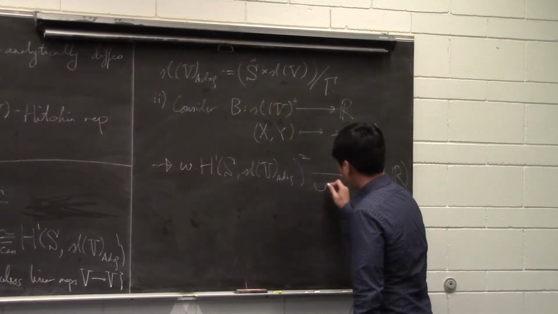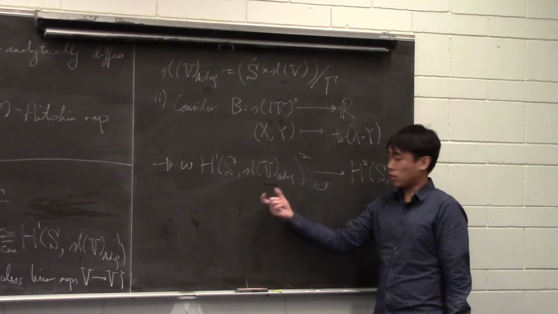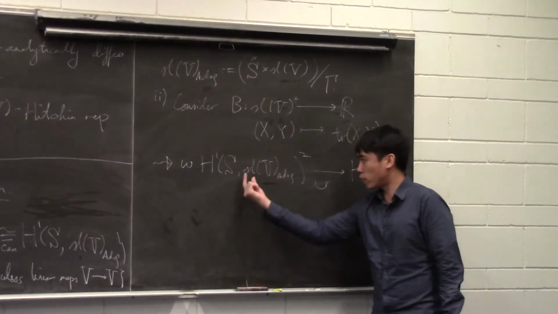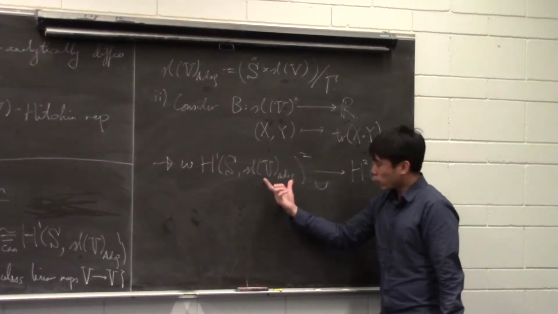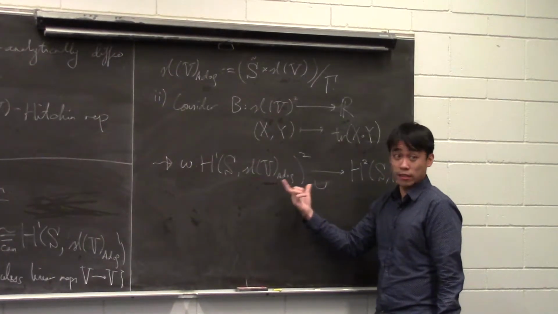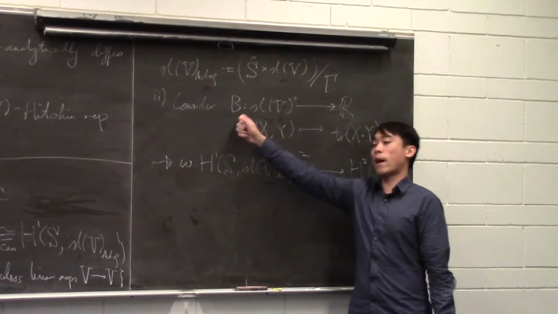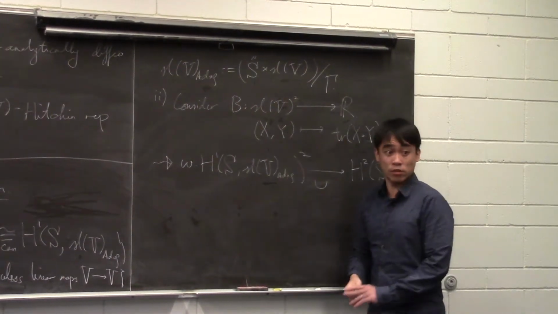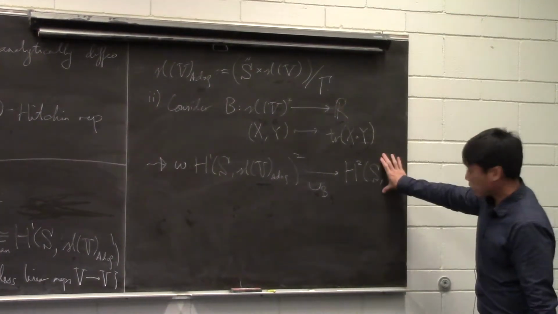But if you just use the cup product, it doesn't combine the coefficients correctly, because applying it to two first cohomology classes gives a second cohomology class with coefficients in SLV at rho tensor SLV at rho. I want coefficients in R, so I use this bilinear pairing B to pair the coefficients. That's what this symbol denotes.